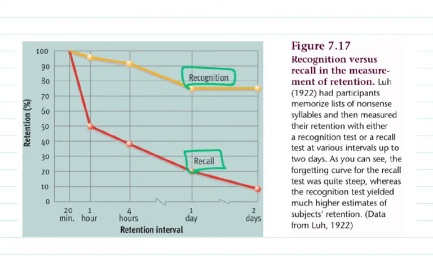What you see is that retention was much better when you use a recognition task as compared to a recall task. The forgetting curve for recall is much steeper, as you can see here, as compared to the one for recognition. So recognition yields much higher estimates of retention.